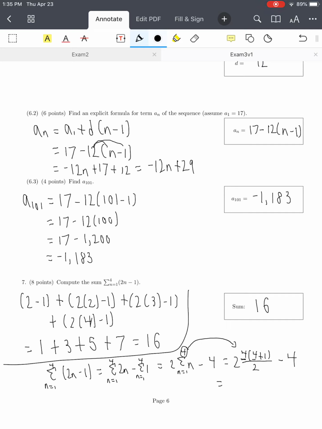So that's 2 times 4 times 5 over 2 minus 4. The twos cancel, so 4 times 5 minus 4, 20 minus 4 equals 16.